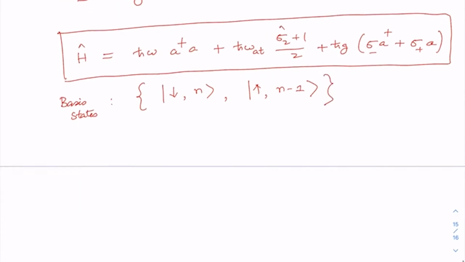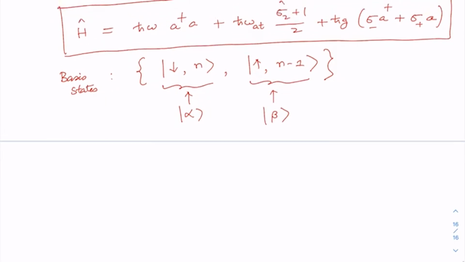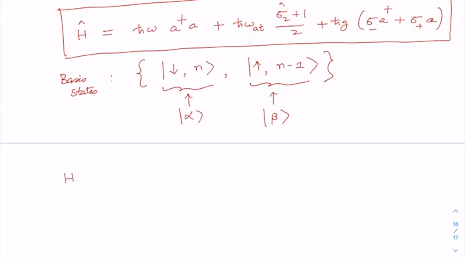Okay, taking this as my basis states, in fact let me write it in a shorthand notation. Let me denote it by this kth alpha, and let me denote this state by kth beta. So the Hamiltonian, then just recall that any arbitrary Hamiltonian I can always write in this form.